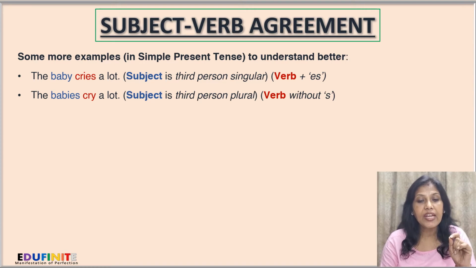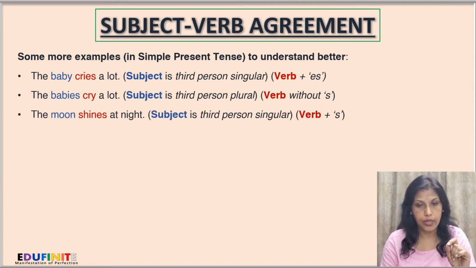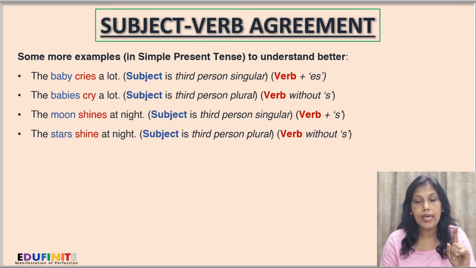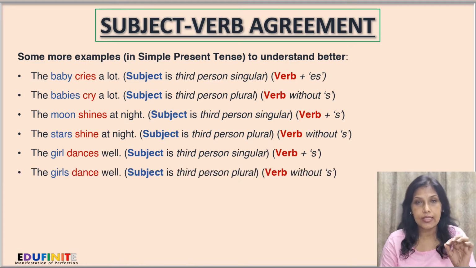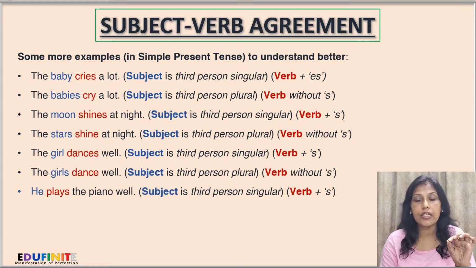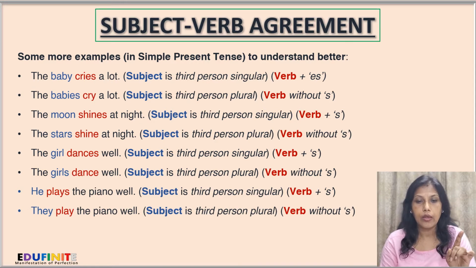The baby cries a lot. Now here the subject baby is in third person singular and the verb cries has the addition of es. But when we say the babies cry a lot, here mark it, the subject is in the third person plural, babies, but the verb is without any s.